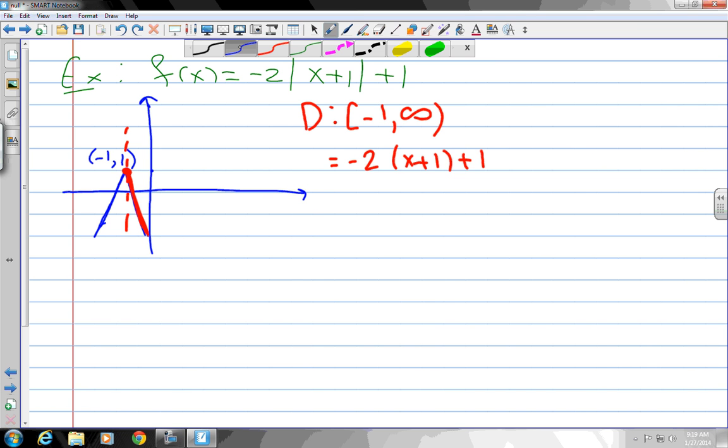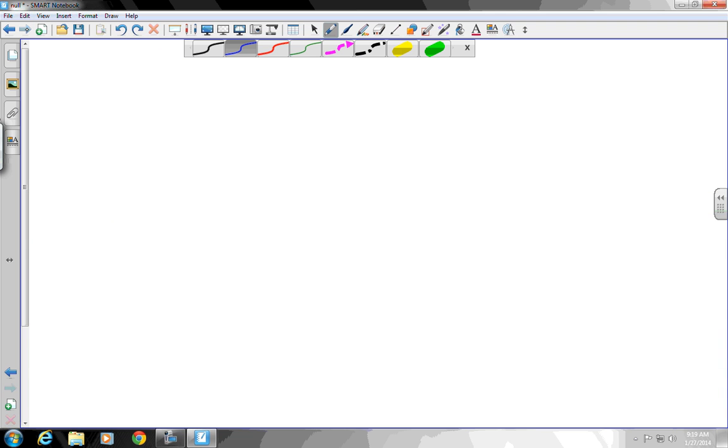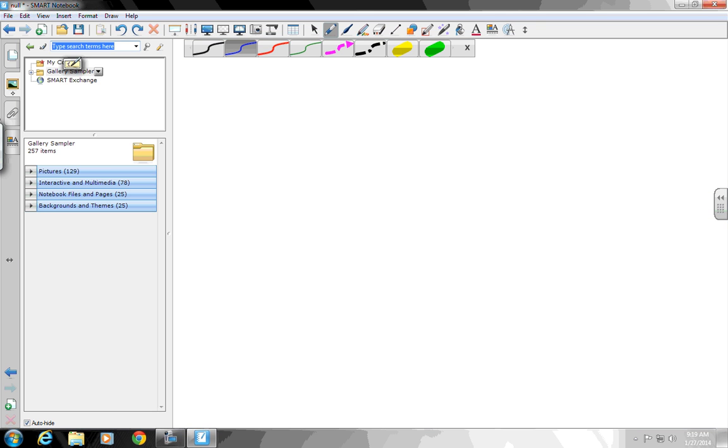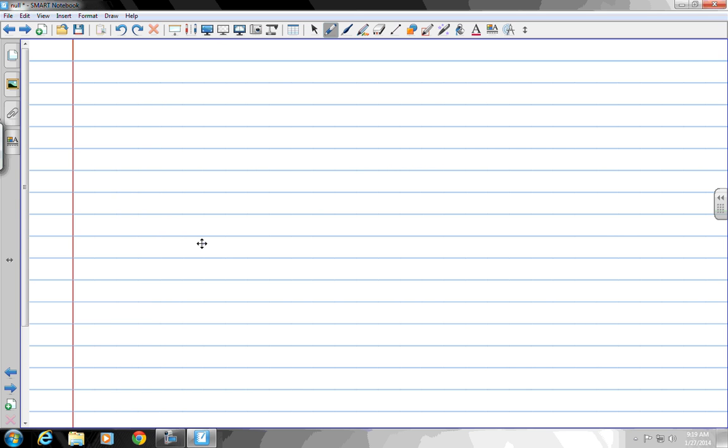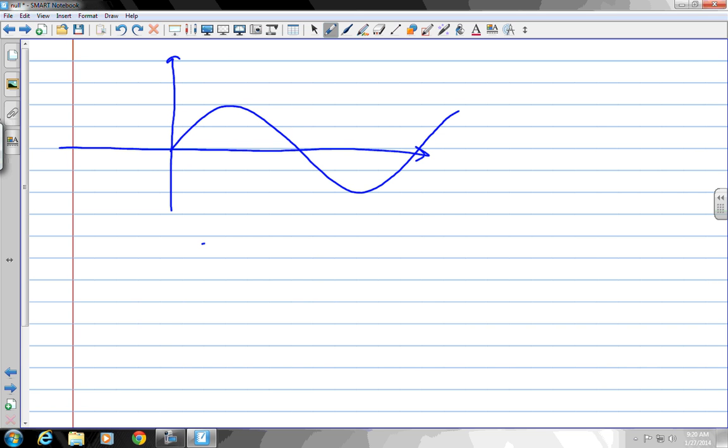Now, in this class, and I'm jumping a little bit ahead, we will see a graph like this. It will just keep going, a little wavy thing.